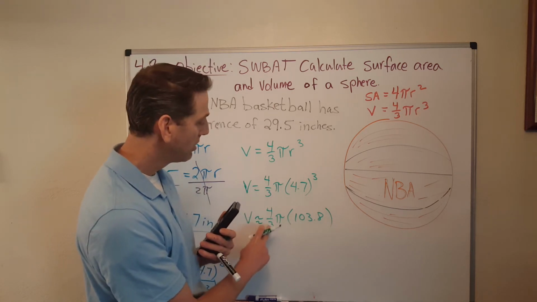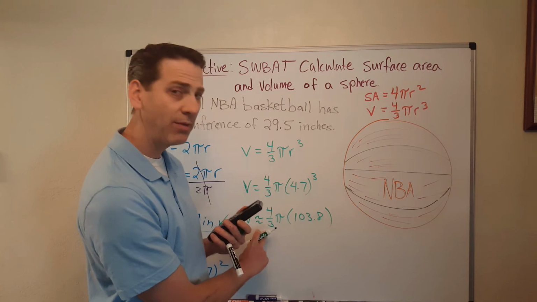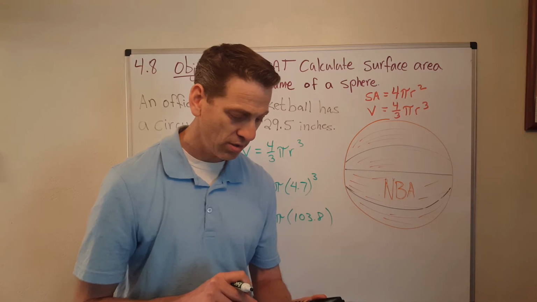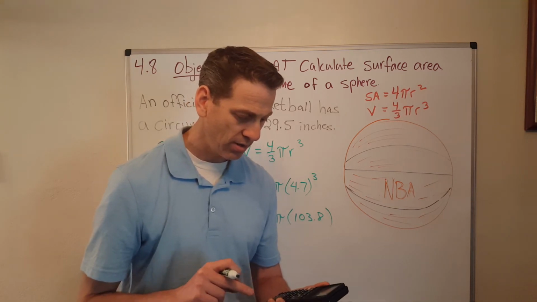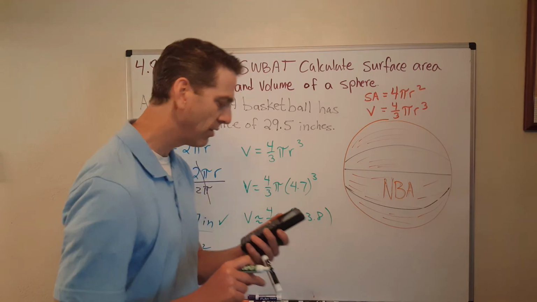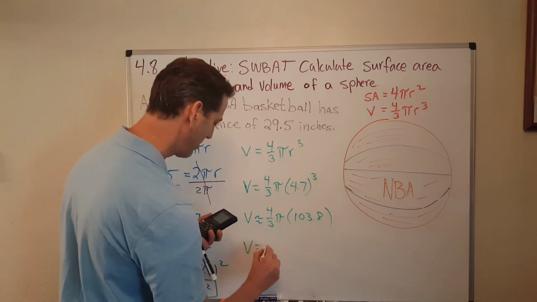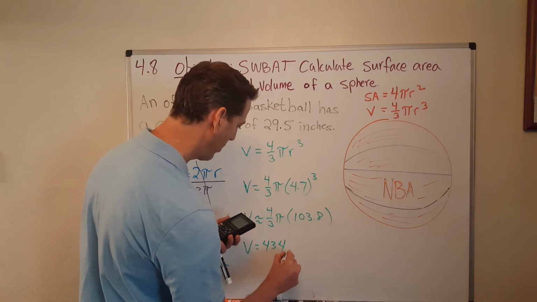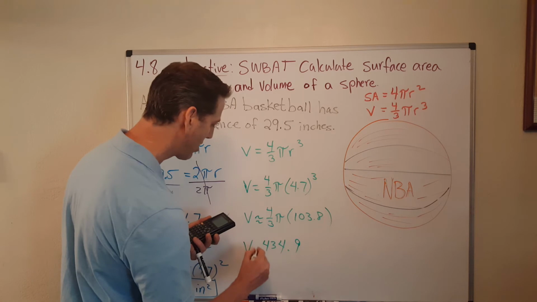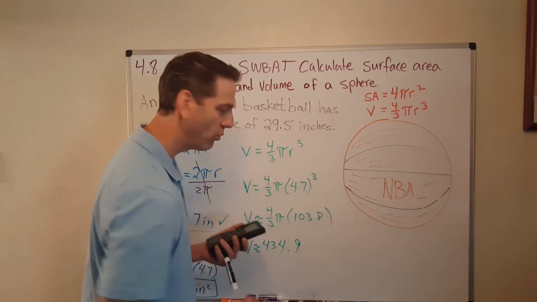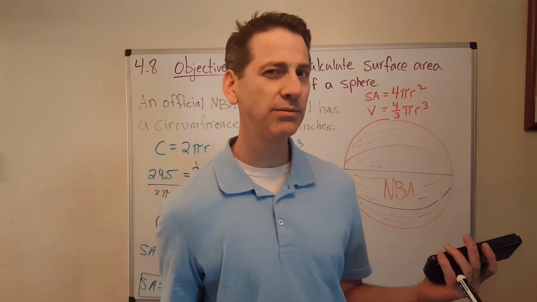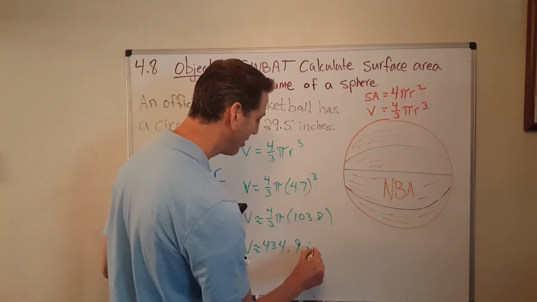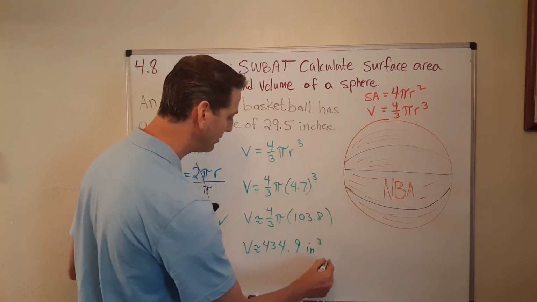All right? So multiply by 4 and then divide by 3. So I get 434.9, approximately. And that is in what unit? Gallons? No. That's way too many gallons, right? That is in cubic inches.